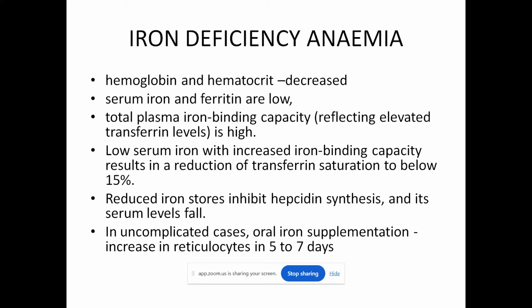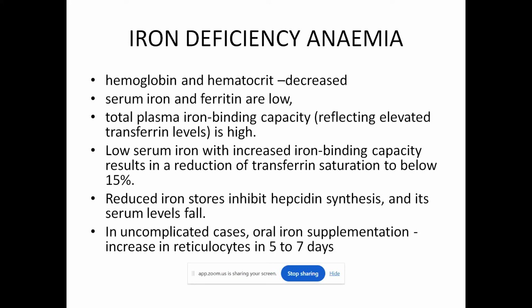If the MCV is 80 to 100, we can say it is normocytic. If it is more than 100, then it is macrocytic. So according to the size of the cells, it can be a microcytic hypochromic anemia, a normocytic normochromic anemia, or a macrocytic anemia.